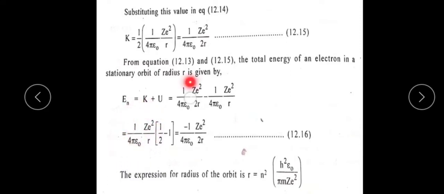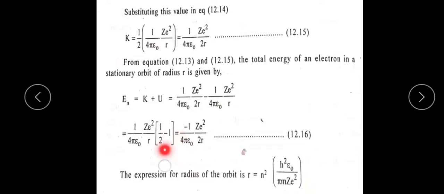Remaining here in this equation, there is 1 by 2 here, which we wrote with a minus. If we keep this outside, then the remaining term is only 1. Then on taking the LCM, first half minus 1 means it is minus half.